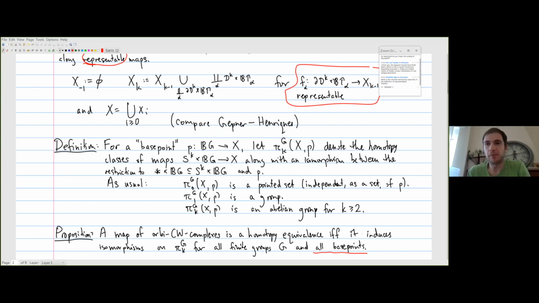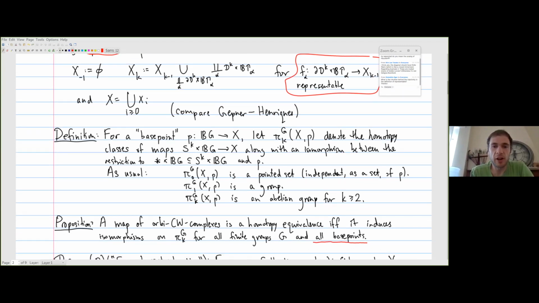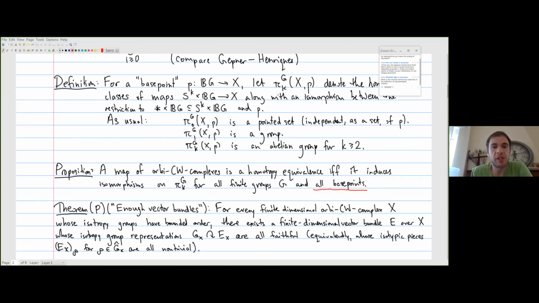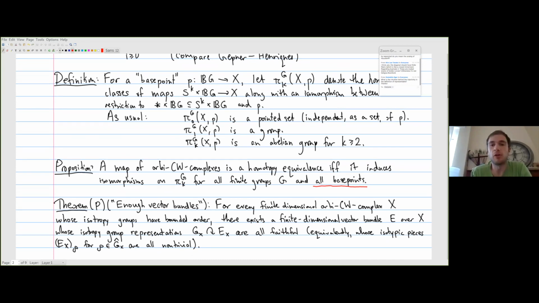I mean, it might not be G connected for every G. And there's no real way of getting around this by splitting up into different connected components, because your space might be connected but not G connected. And so you really need all base points here.